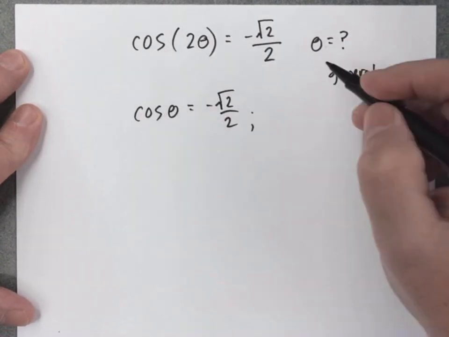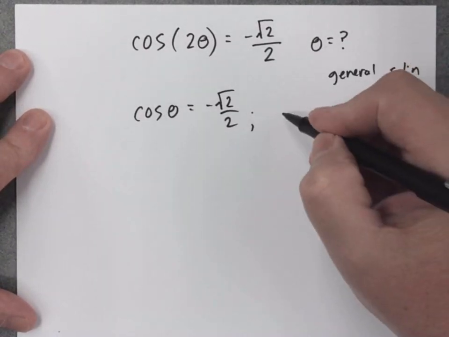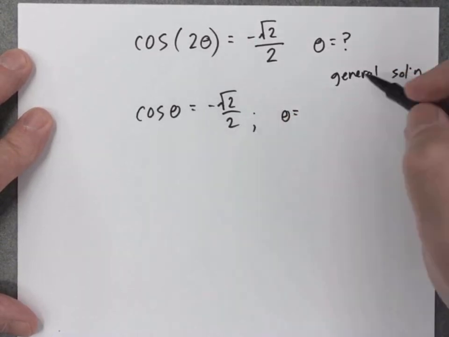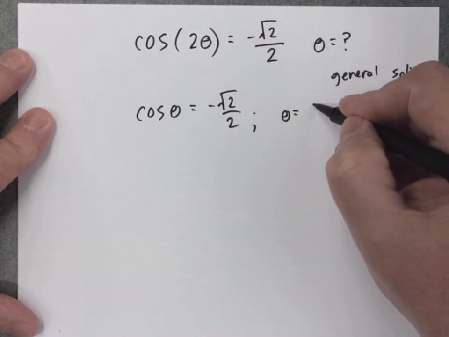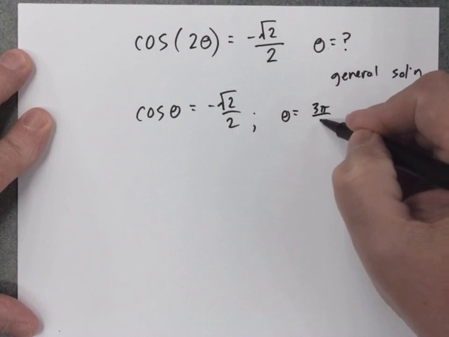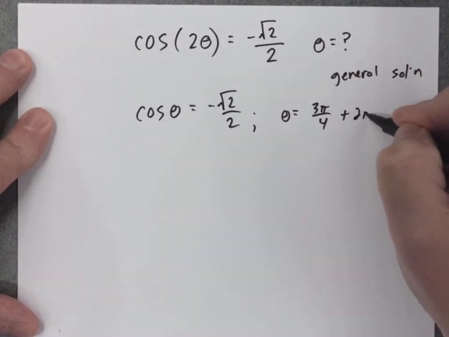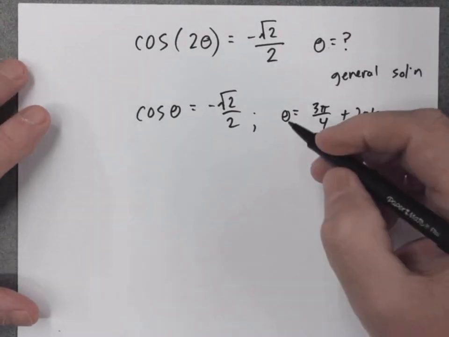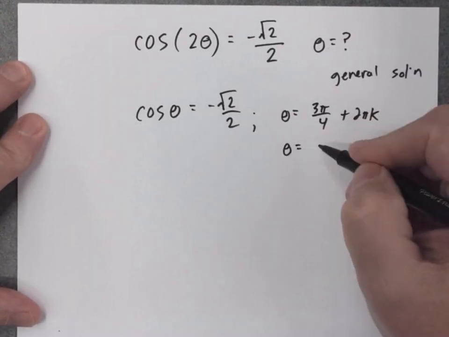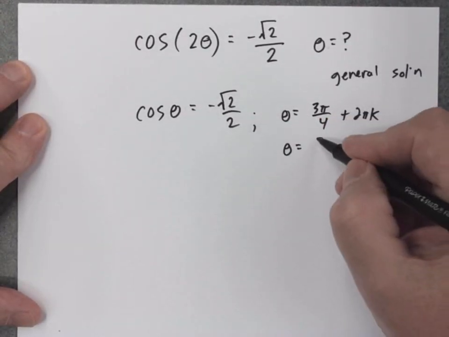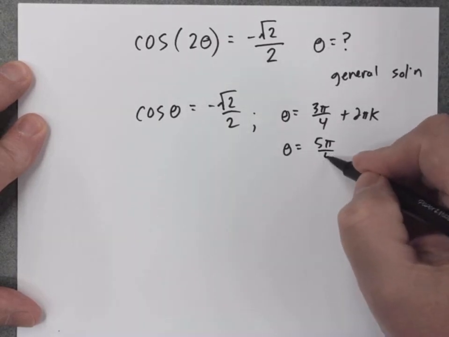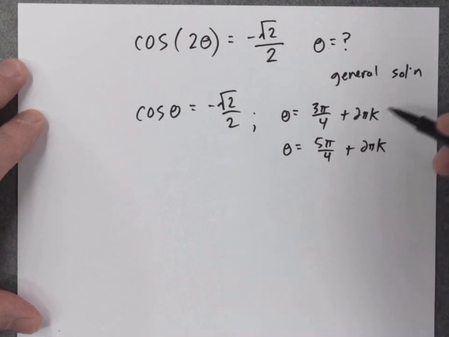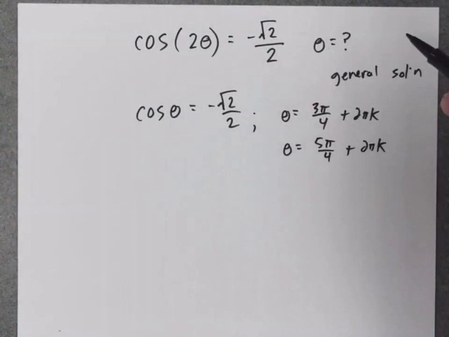If we were to take one trip around the unit circle, negative square root of 2 over 2 occurs at 3 pi over 4. For the general solution, add 2 pi k, and also at 5 pi over 4. So here are my 2 general solutions for this.